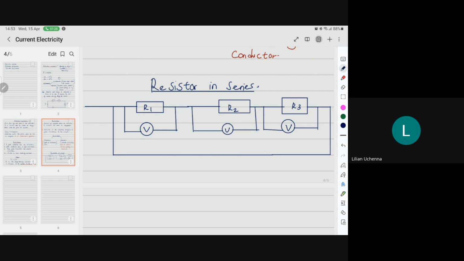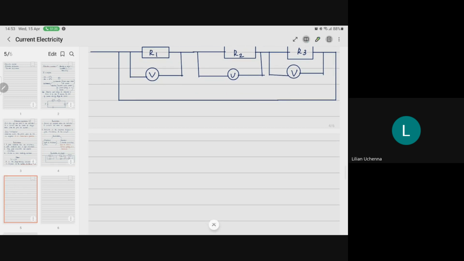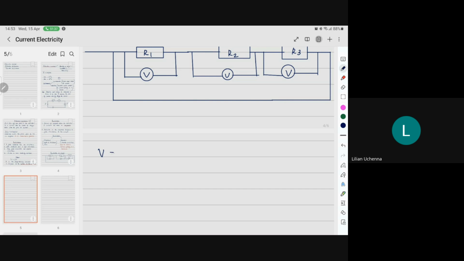If it's in series, what happens to your resistors in series? Let's say these are the values flowing through. The voltage here is going to be shared. So V will be equal to what? V1 plus V2 plus V3.